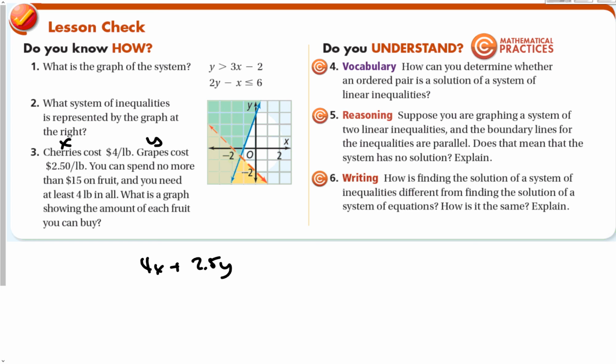You can spend no more, so that means I have to spend less than or equal to 15. And I want at least 4 pounds. So there's my system. Then you just solve it with graphing or however you want.